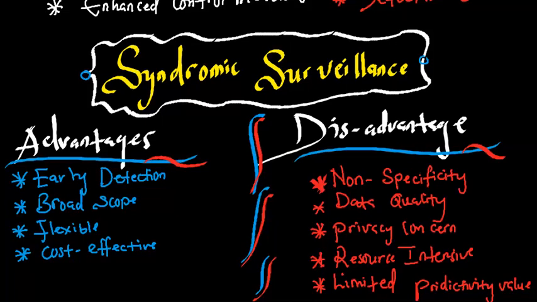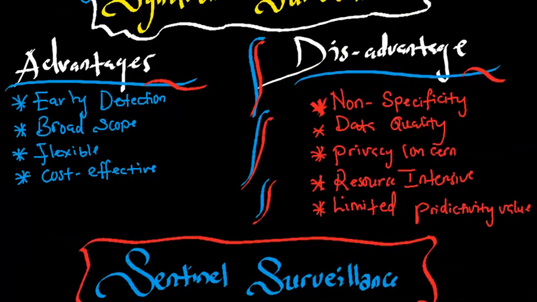What about the advantages and disadvantages? The first advantages we have are early detection, broad scope, flexible, cost-effective. What about the disadvantages? In this case, we are going to have non-specificity, data quality, privacy concern, resource intensive, limited predictive value.